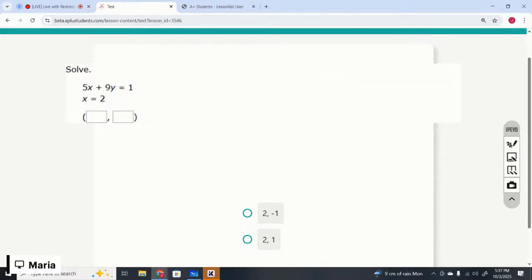Next: 5x plus 9y equals 1 and x equals 2. If you look at the equations, you can use the substitution method because one of the variables is already isolated.